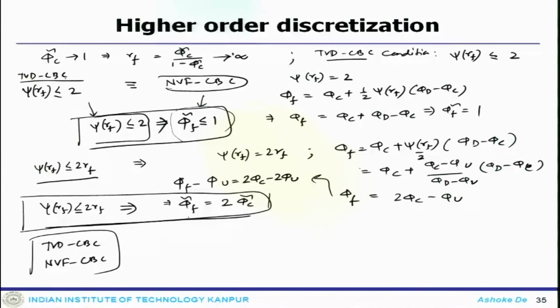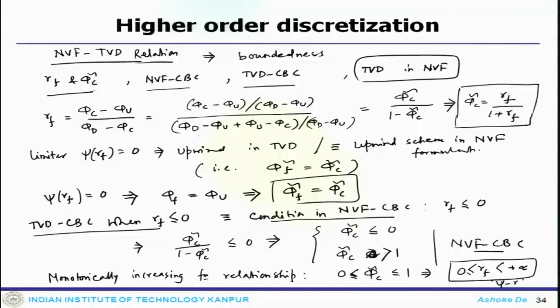So, the equivalent condition in NVF CBC is phi f tilde less than 1 when psi RF is less than 2, and previously we have got RF less than or equal to 0, and this is what you get in NVF CBC.